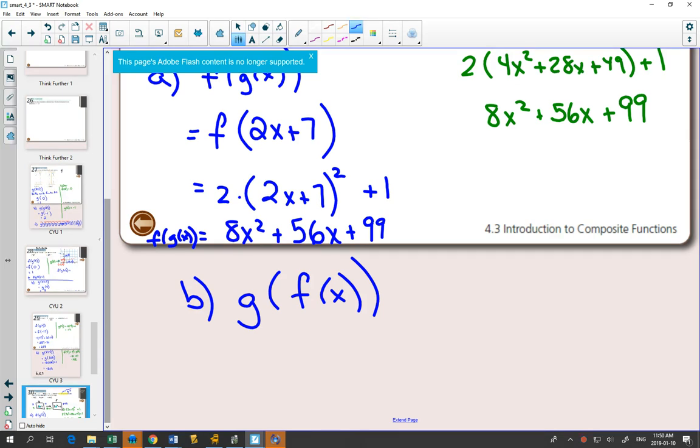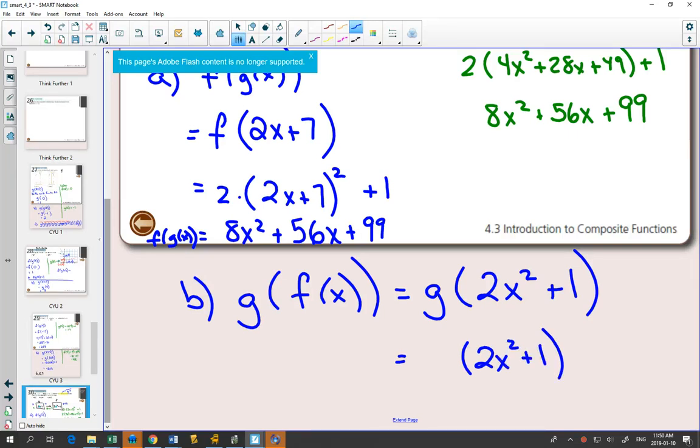So g of f of x. Well, f of x says you square whatever you put in, multiply it by 2, and add 1. And g of x says whatever number you put in, so we're putting in 2x squared plus 1, it gets multiplied by 2, and then you add 7.